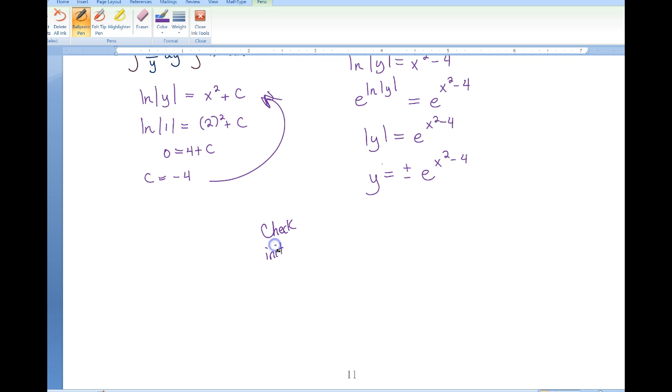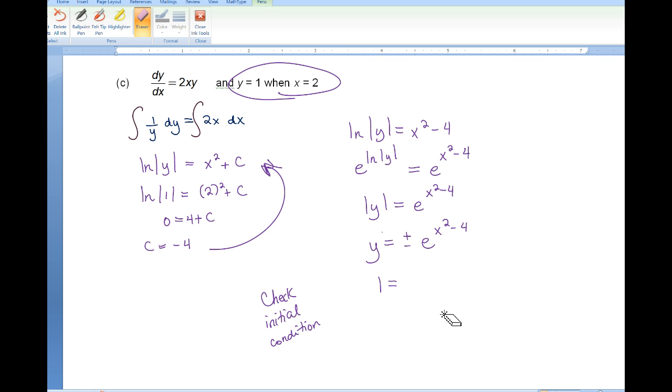You get positive. What if y was negative 1? Then negative 1 equals... Well, no, I'm saying, because x is squared, no matter what, that's gonna be positive. So it's plus or minus, so basically that's what we're trying to see. E to the 2 squared minus 4 would give us e to the 0, which is 1.